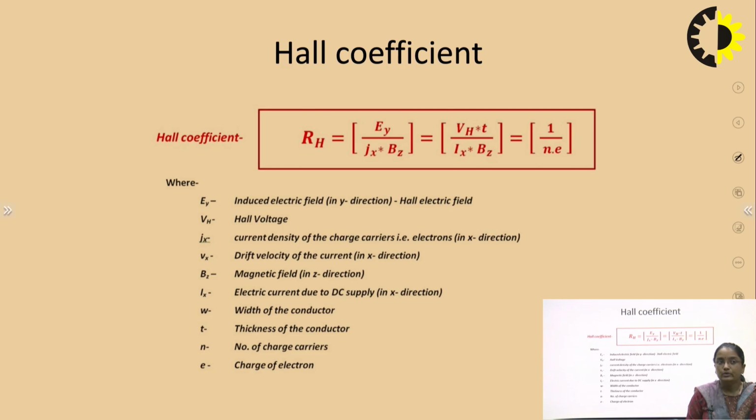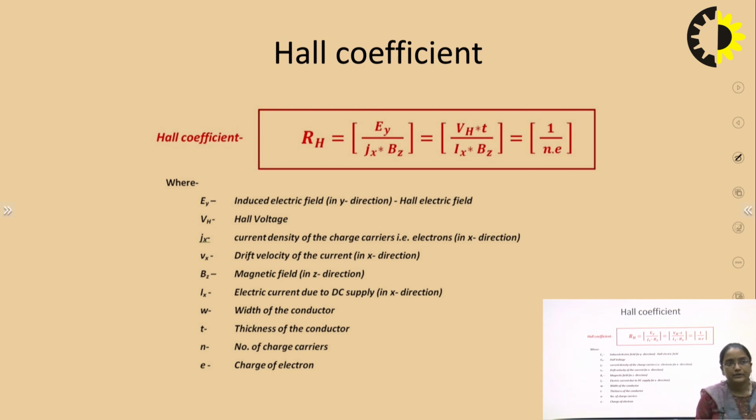That's why the value of RH is negative in the case of N-type semiconductors, and this value is positive, where RH is equal to 1 by PQ or 1 by PE. That is, we are getting a positive value for P-type semiconductors. These are the final expressions of RH that I have already depicted in the slide.